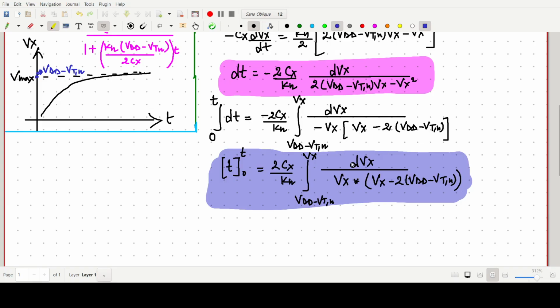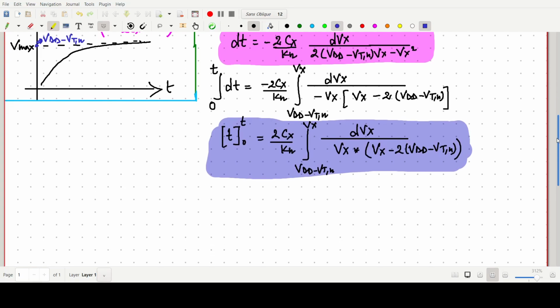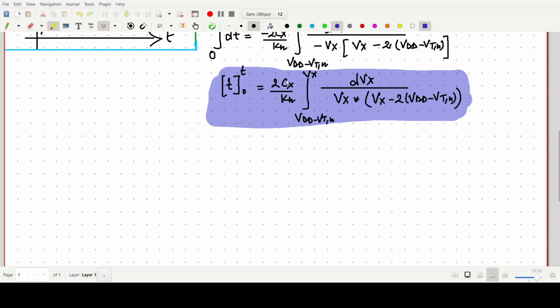So dVx by Vx by this. To solve this problem, if we integrate this one, we get t.